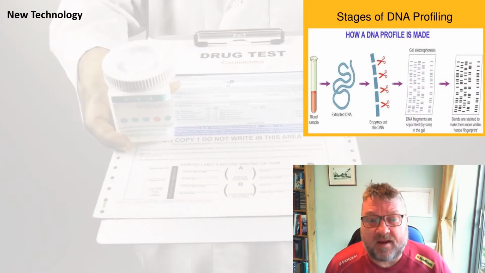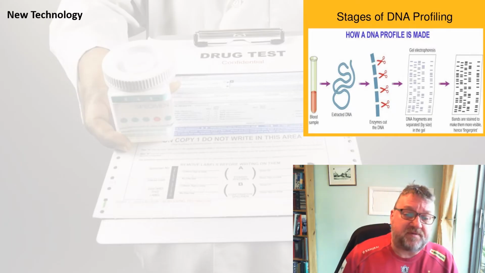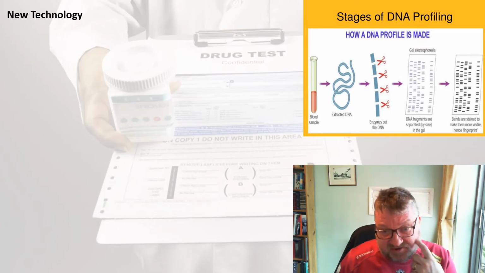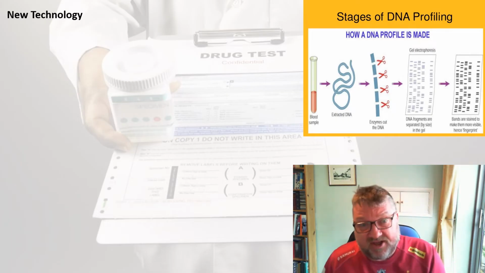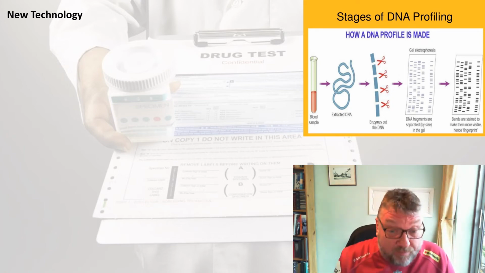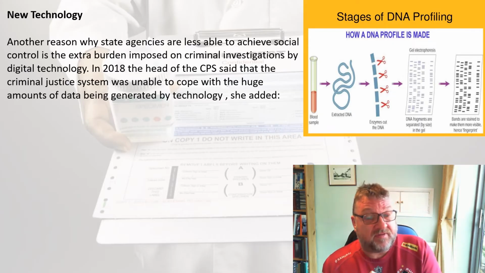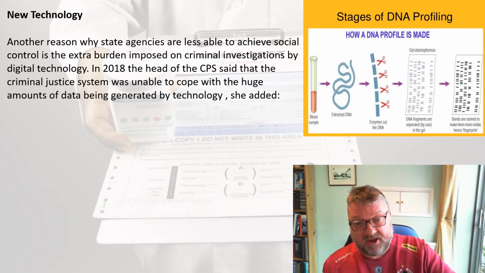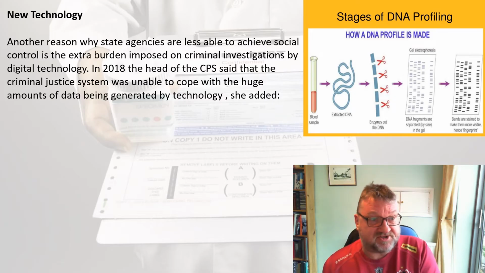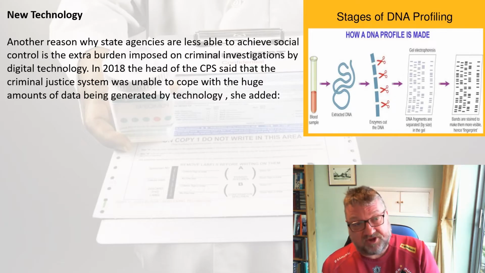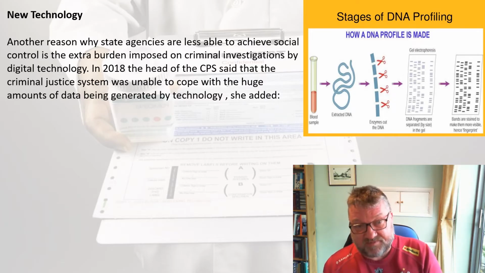So, as well as resources, other things that are barriers to social control, gaps in the state provision, is new technology. So new technology can help, but at the same time it can hinder. So actually, new technology places an extra burden, particularly on criminal investigations. In 2018, the head of the CPS said that the criminal justice system was unable to cope with the huge amounts of data generated by technology.